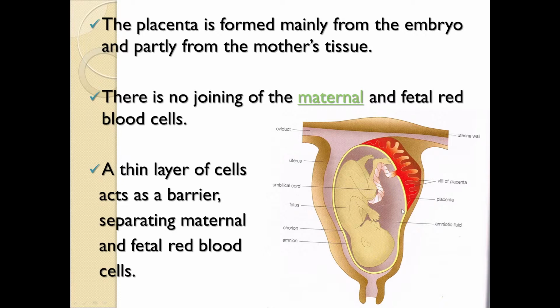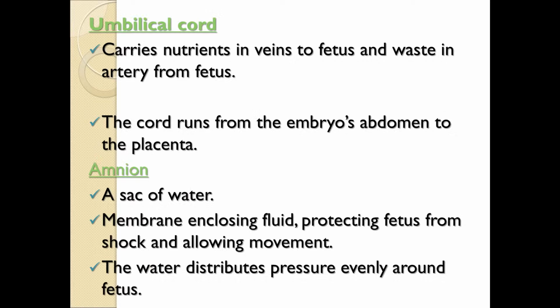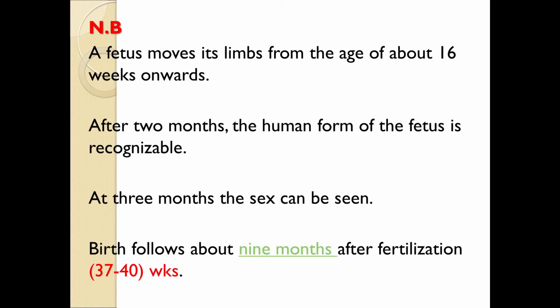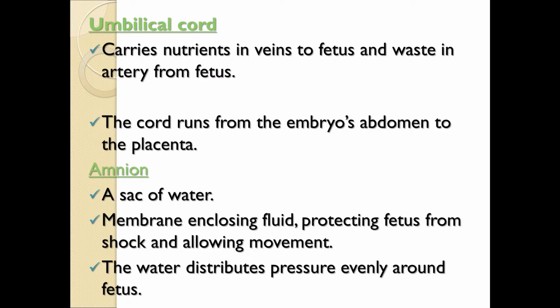So the amniotic fluid normally absorbs the shock. That whole lot of vibration, the amniotic fluid normally cushions it, so it prevents so much vibration from taking place. So the amnion is what produces the amniotic fluid.